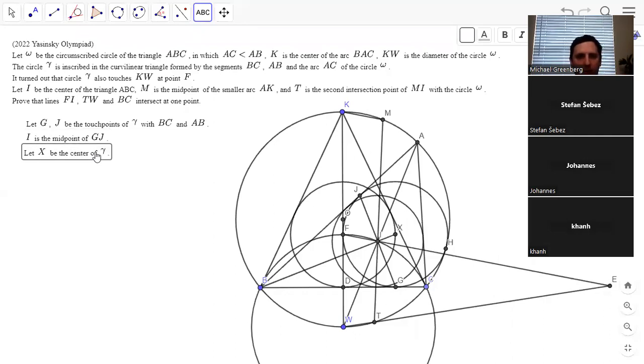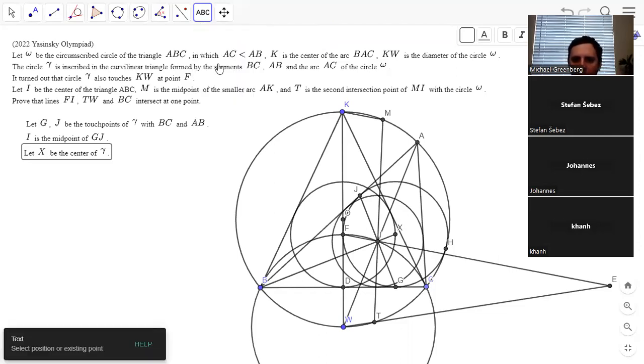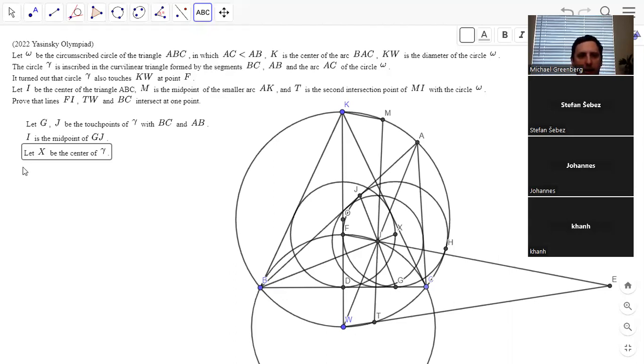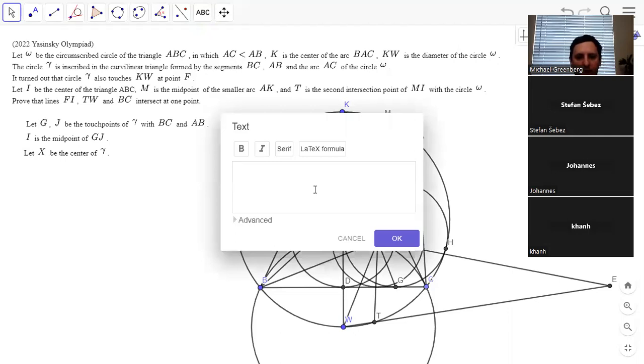So, let alpha be the reflection of gamma over KW. Here's where I'm going to use Theobald's theorem, with center Y, let's say, not shown.